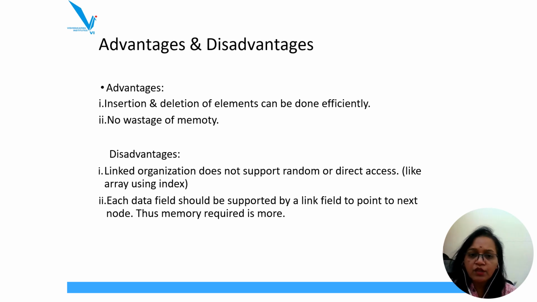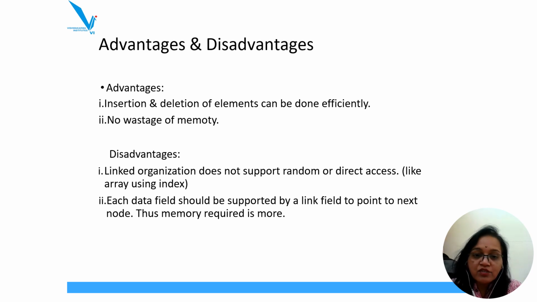Okay, now what are the disadvantages of the linked list as compared to arrays? The first disadvantage is that a linked organization does not support random or direct access. Suppose I have created an array of 100 elements, right? And I want to access the array element at the 98th position. So I can very easily access A of 98 and it will give me the element.